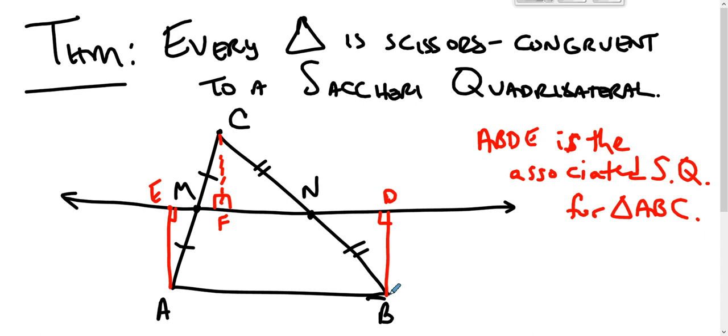I will also note that triangle ABC and quadrilateral ABDE have the same defect, because in a neutral situation they are made from congruent pieces, and corresponding congruent pieces have the same defect, and defect is additive.